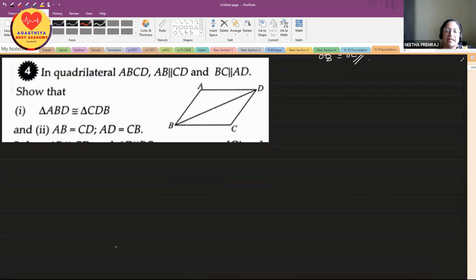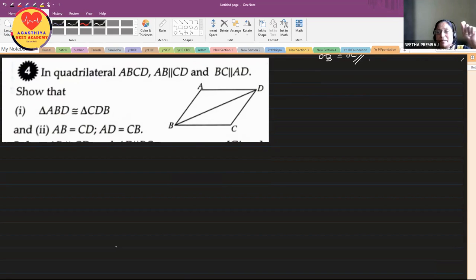A quadrilateral ABCD. Yes, guys, tell me, what do you mean by quadrilateral? Four sides are equal? No, four sides are not equal.